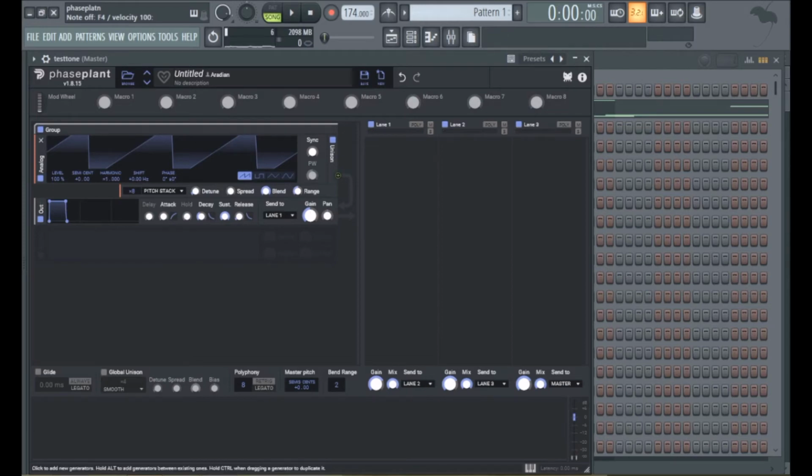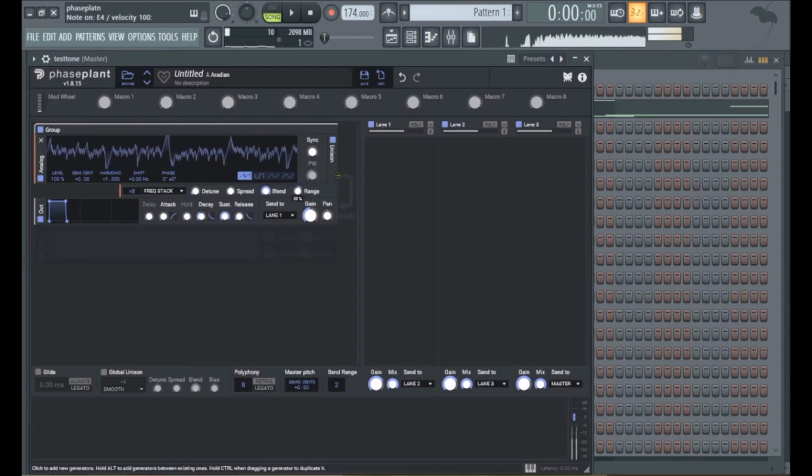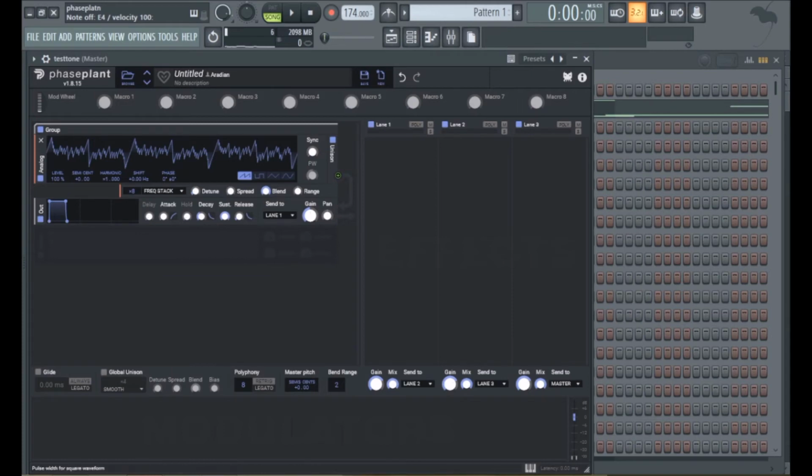It changes the pitch of all the voices. Same thing with frequency stack. Although they're set up a bit differently, so frequency stack is based on harmonic multiples, and pitch stack is based on octave multiples. But you can shift them around so that they cover different amounts, different intervals.